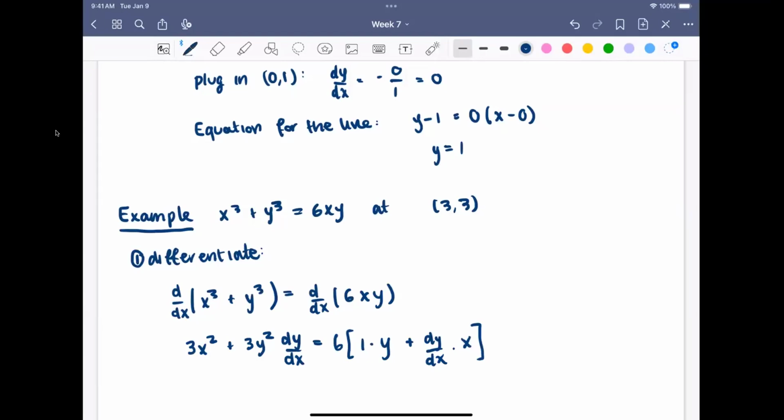As I'm taking derivatives, I'm only ever going to end up with terms multiplied by either no copies of dy/dx or one copy of dy/dx. So the entire thing is linear with respect to dy/dx, and you can solve it. You're never going to end up with dy/dx squared, because that usually comes from doing a chain rule.